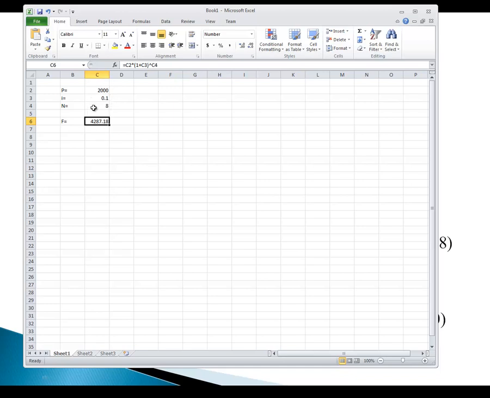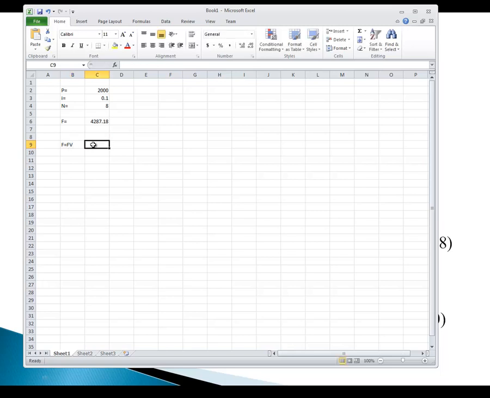So this is one way, using the mathematical calculation in Excel, but there is another way within Excel. In Excel, F is called future value, and it has a function.